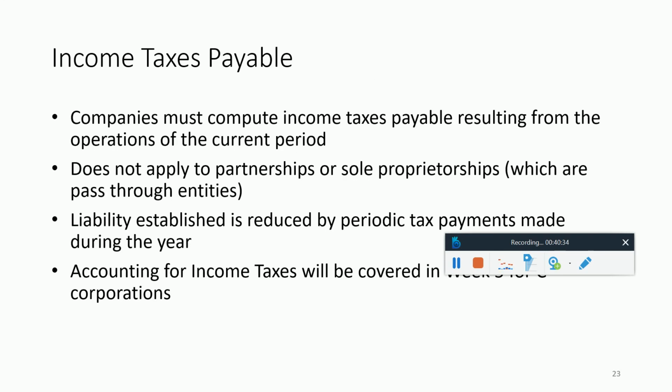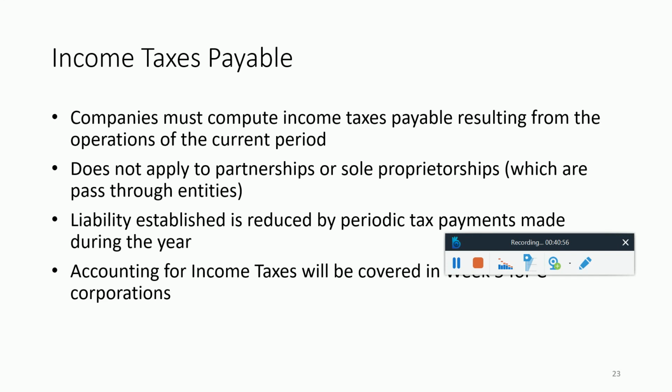Now, on a similar tax-related line item, there's also income taxes payable. So companies, now not partnerships, but C Corps, must pay income taxes on their earnings to both the federal and the state government.